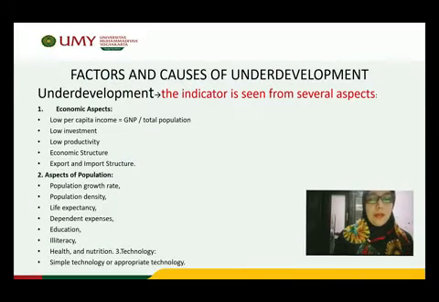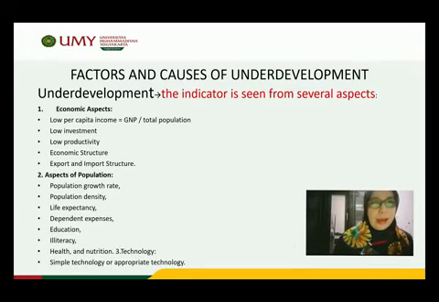First, we will learn about the factors and causes of underdevelopment. We can start with the definition of underdevelopment. What is underdevelopment? The indicator is seen from several aspects.